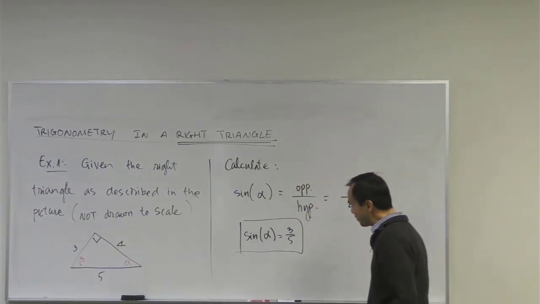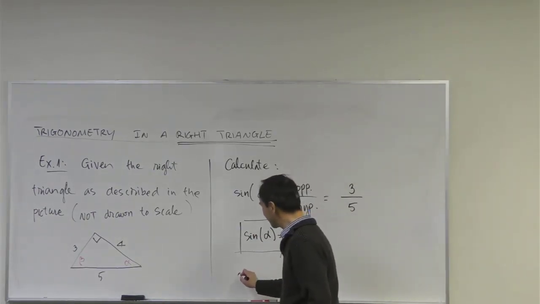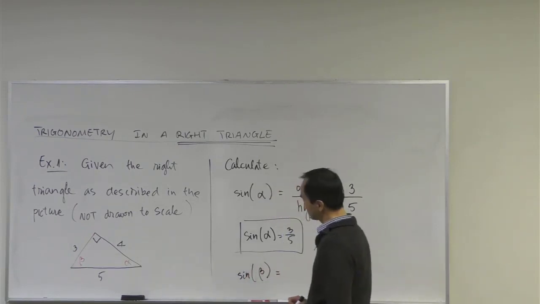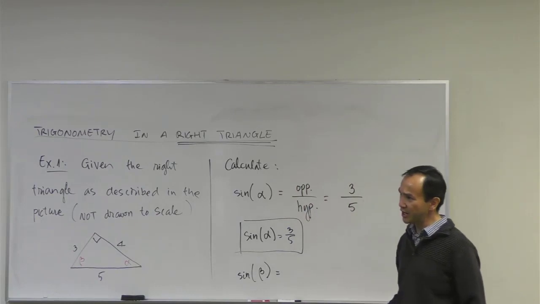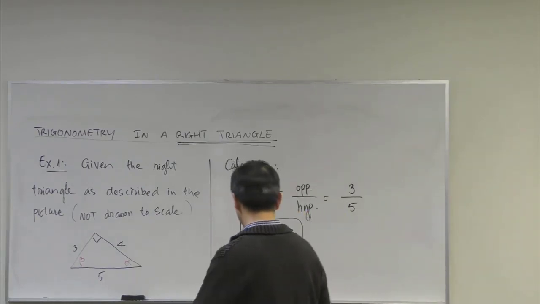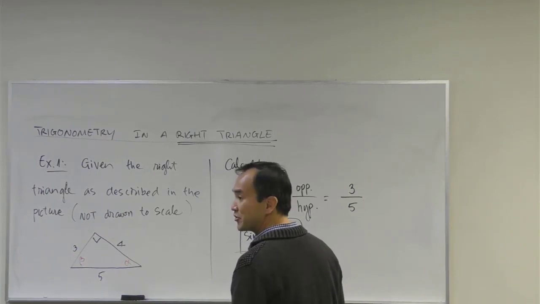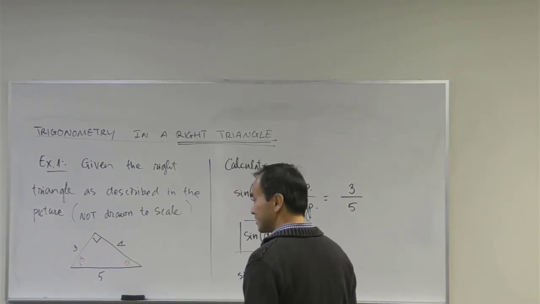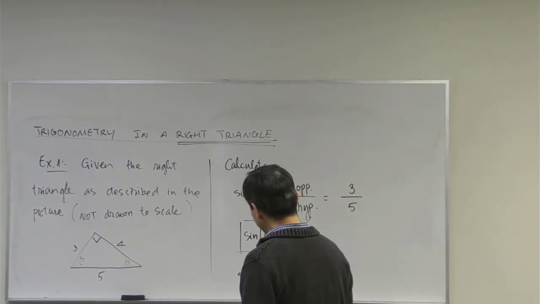In that way, what about the sine of beta? We're still calculating sine, and none of our angles here has its measurement indicated. But I want to calculate sine of beta.